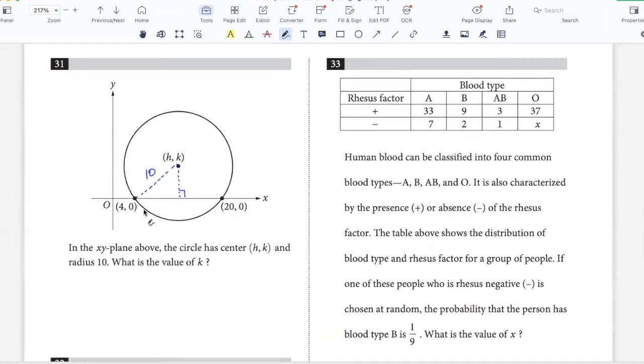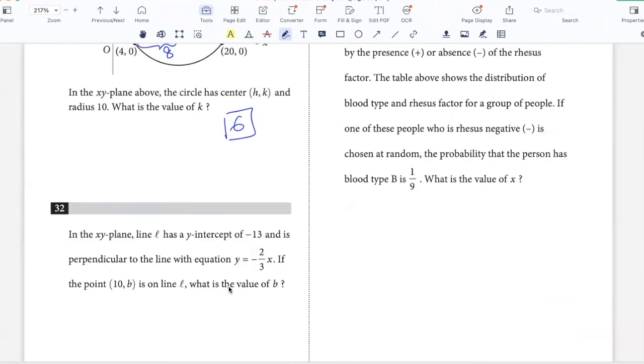So this is from 4 to 20. So that would be a total length of the chord is 16. And this perpendicular will bisect. So this would be 8, right? Yes, 16 by 2. So by Pythagoras theorem, this would be 6. So the value of k would be 6.